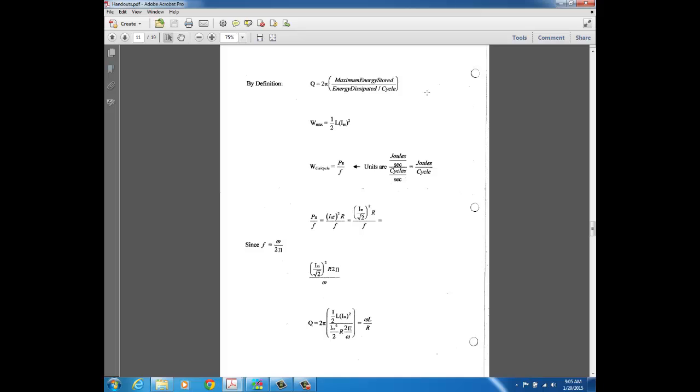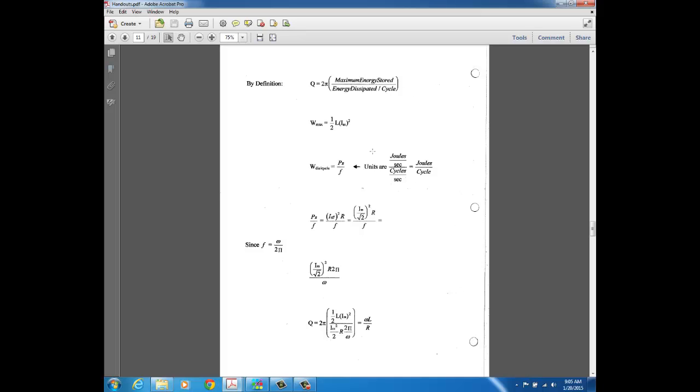But in actuality, of course, the wire that makes up the inductor has some resistance, so you're going to have some finite amount of energy dissipated. So you would like the Q of your inductor to be as high as possible, and well-designed inductors will have qualities in the several hundred range.